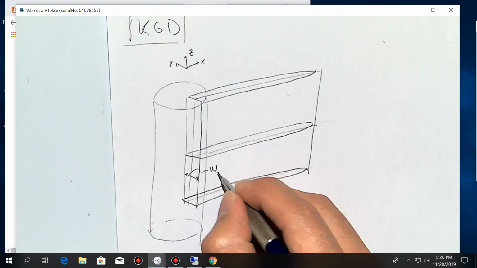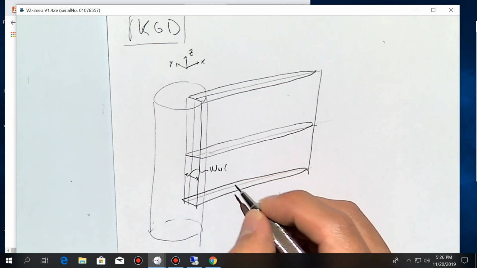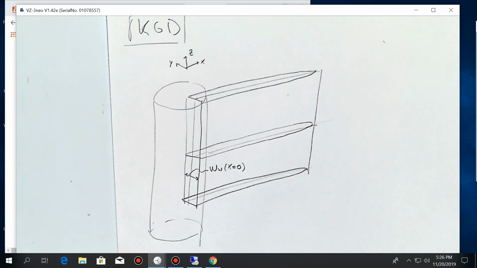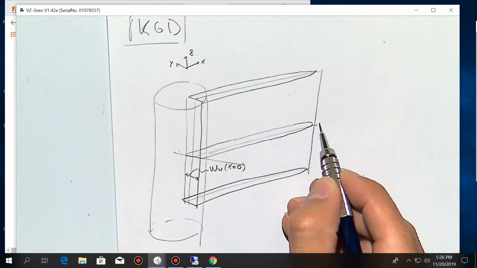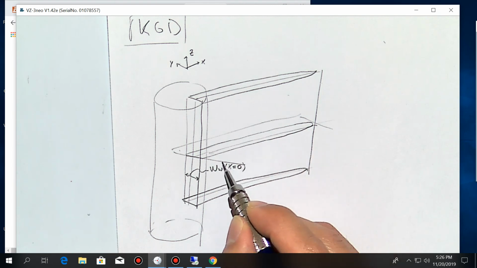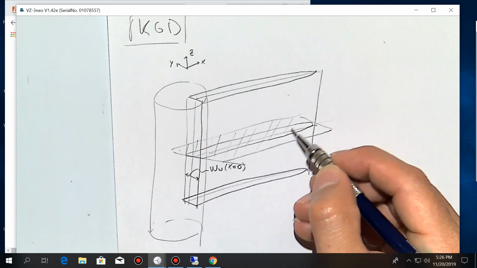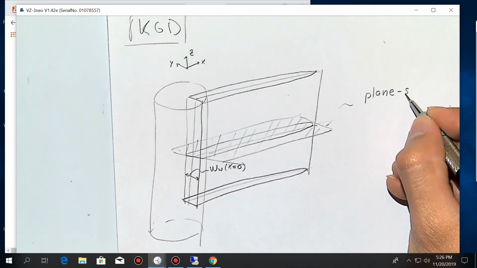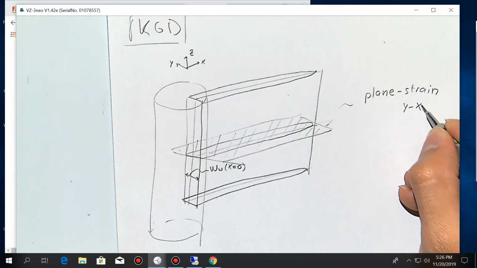So this is going to be the width at the wellbore, and it's just a constant in the horizontal planes, in the plane Y, X. So if we were to cut it with the horizontal plane, that's a plane of plane strains, YX.